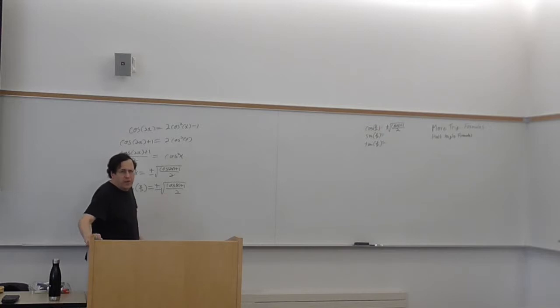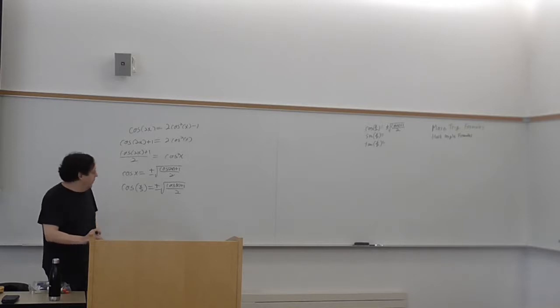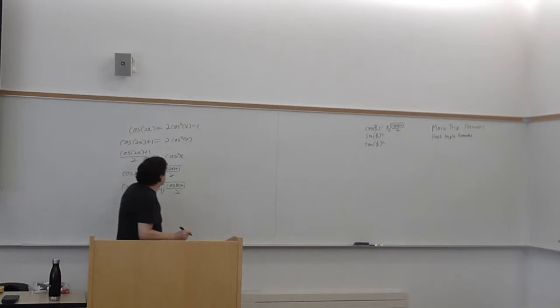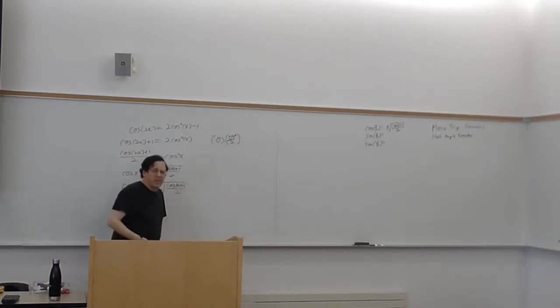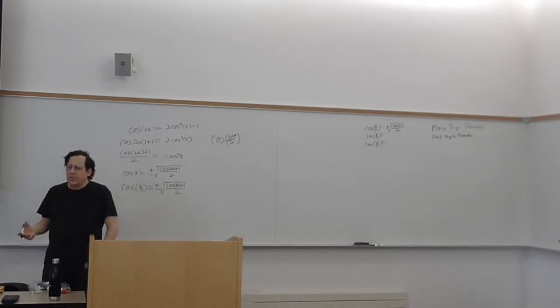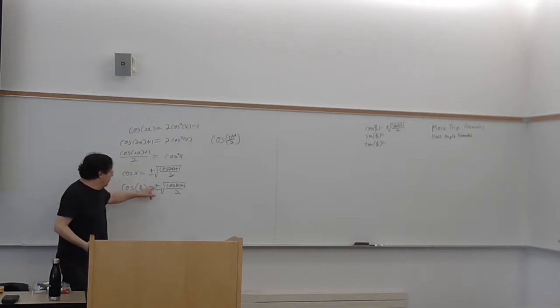I'm getting two values out of it, but in particular, we're going to know whether it's plus or minus. If, for example, I were to find the cosine of 50 over 2 degrees, right? 25 degrees. I know that's in the first quadrant. So I know it's going to be a plus.